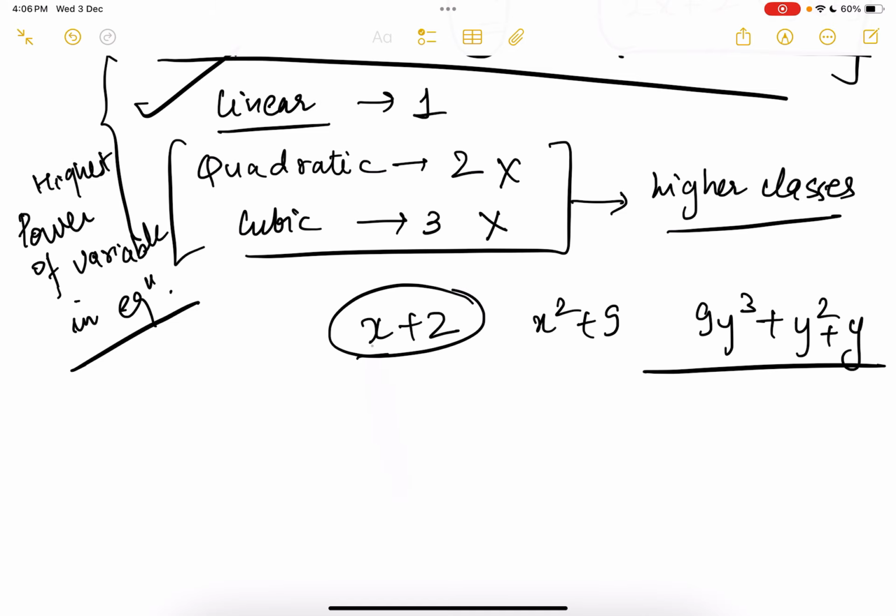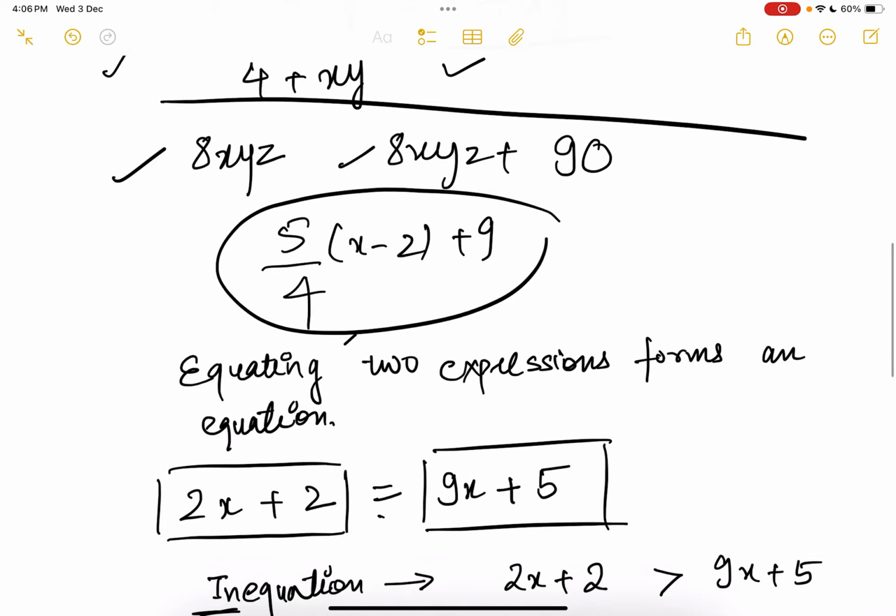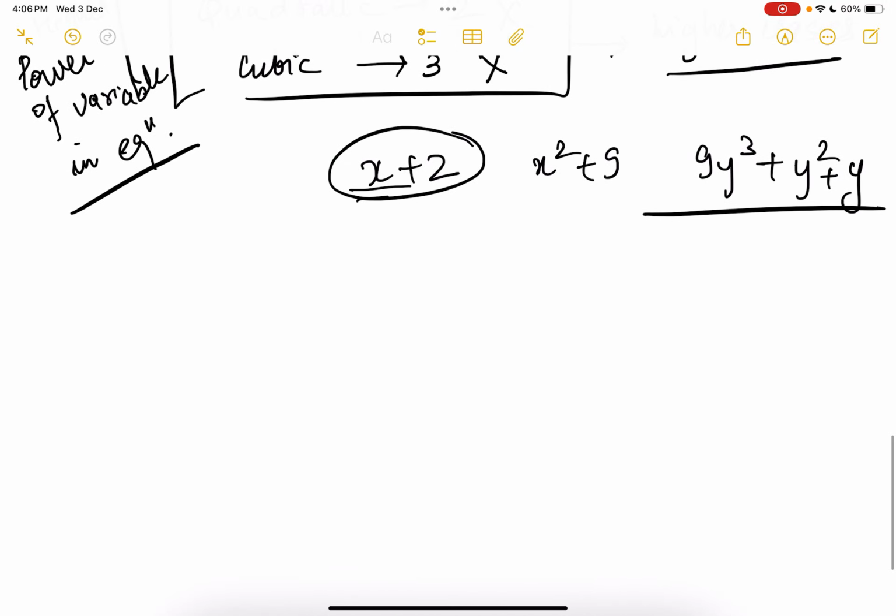Here x has the highest power as 1. You cannot find any other term in this expression having a power more than 1. Actually, we call these the terms of the expression, I forgot to tell you. This is the first term, this is the second term.